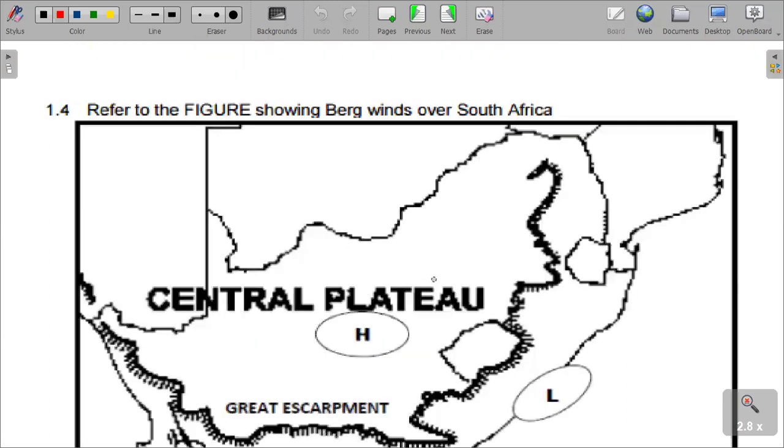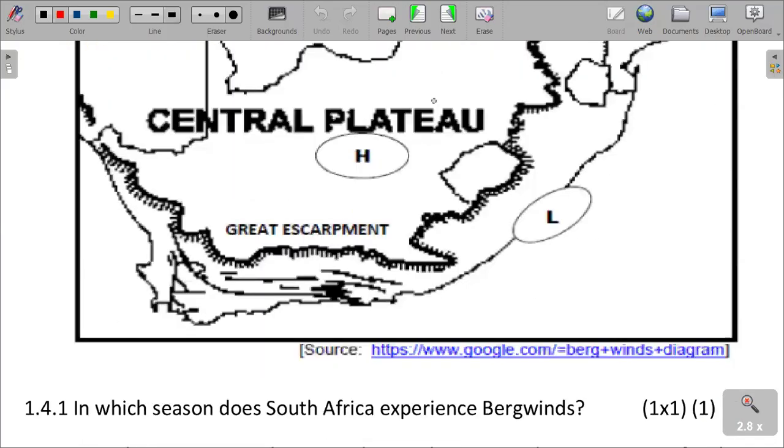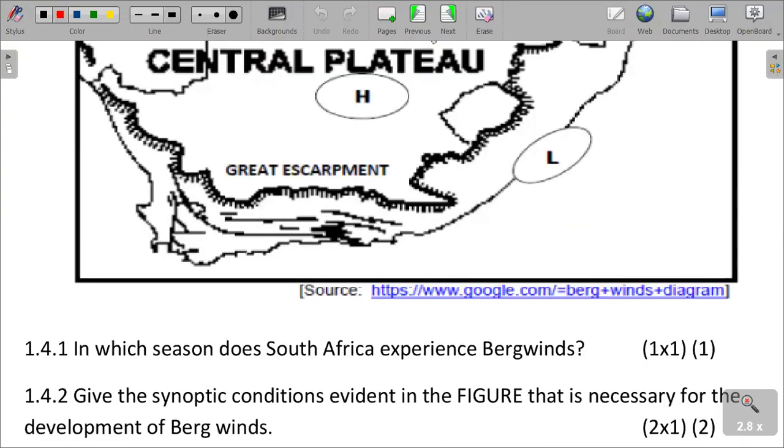There are quite a lot of presentations given with regards to berg winds and South African weather conditions. Which seasons do we experience berg winds? These are experienced in winter.